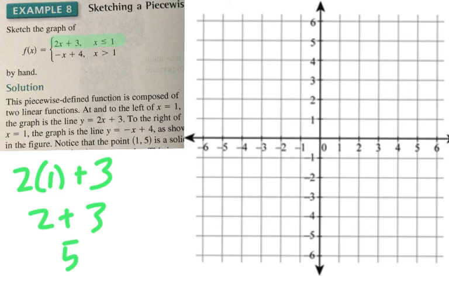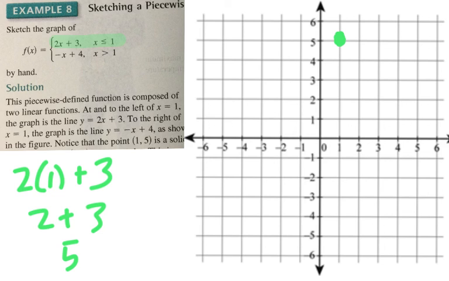I'm going to go to (1, 5) and fill in that piece. And I know that's the end of it, because I'm only using x's that are less than or equal to 1. So this line's going to go all the way up to here and stop at that point. So I found exactly where that point happens.